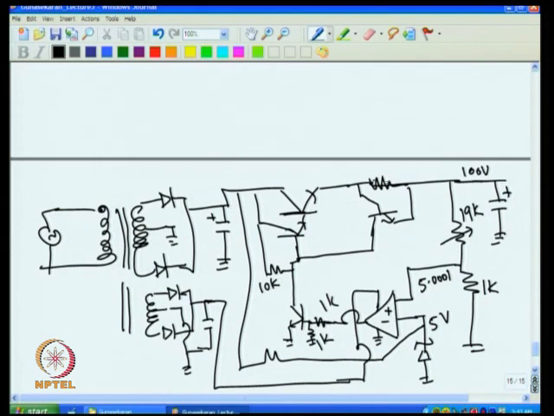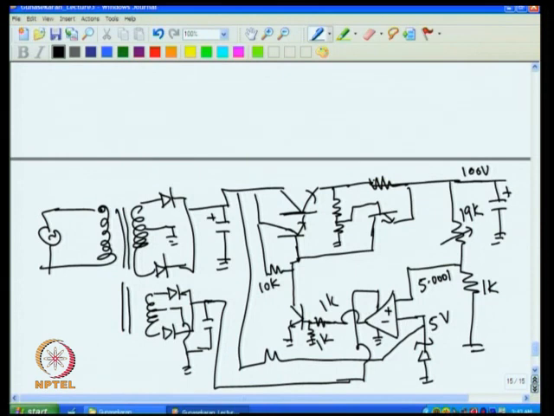The short circuit protection is controlled by this. This is the same as what we had discussed earlier. You can also provide foldback current limiting even to this. For that, you remove this, then put the voltage divider arrangement here and connect this here, then it gives you the foldback current limiting that we had discussed earlier.